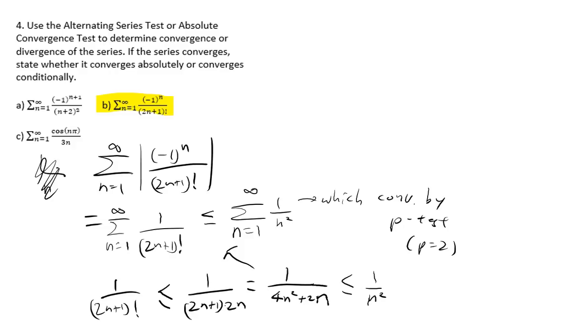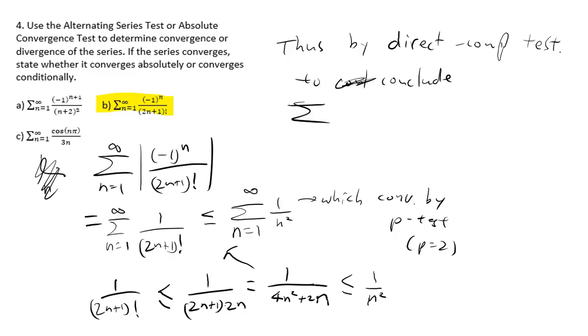And that's a good thing, because now we can use the direct comparison test to conclude that sigma n from 1 through infinity of 1 over (2n plus 1) factorial converges.